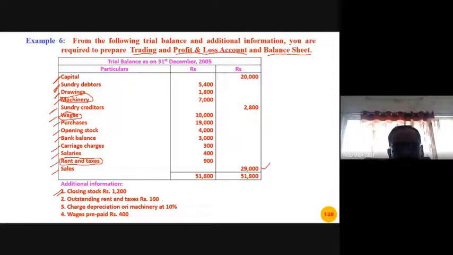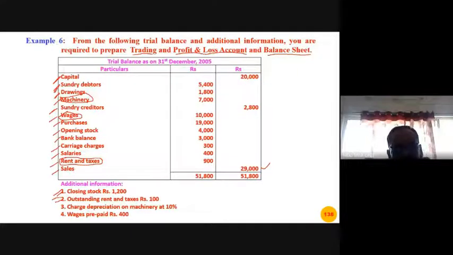So this outstanding expenditure, like outstanding rent, is to be added to the respective expenditure. First, what is to be done? This is to be added to the respective expenditure. And second time, it is to be shown as a liability. Outstanding rent means rent to be paid.